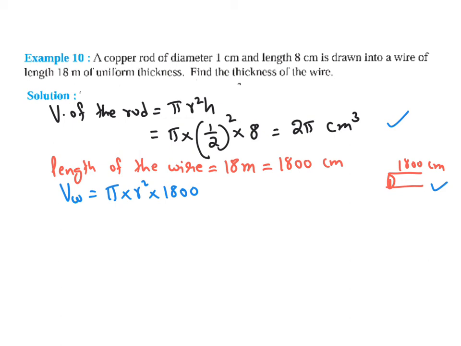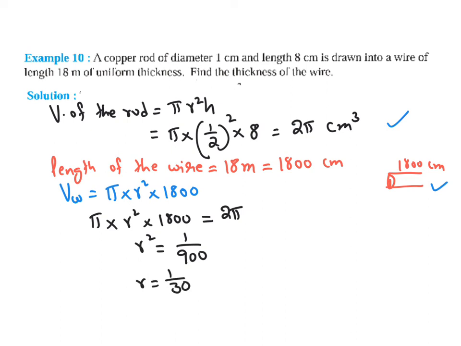So let's equate them now. Pi r squared times 1800 is going to be equal to the volume of the rod, which is 2 pi. Simplify that. R squared is going to be equal to 1 over 900, and R is going to be equal to 1 over 30.